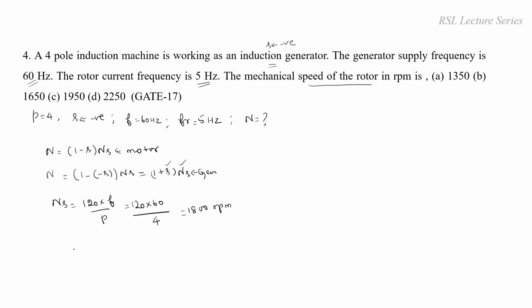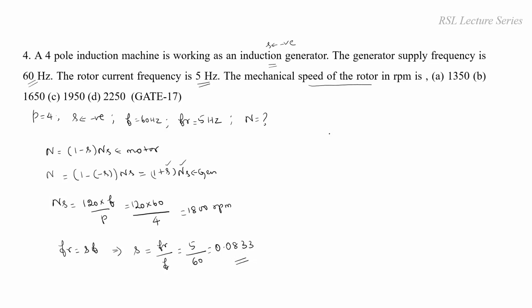Next we have to find the slip. FR is equal to S times F, so from this expression we can find S. FR by F is 5 divided by 60, which is equal to 0.0833. This is the slip.